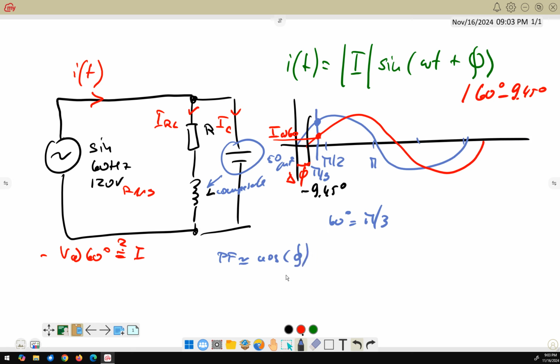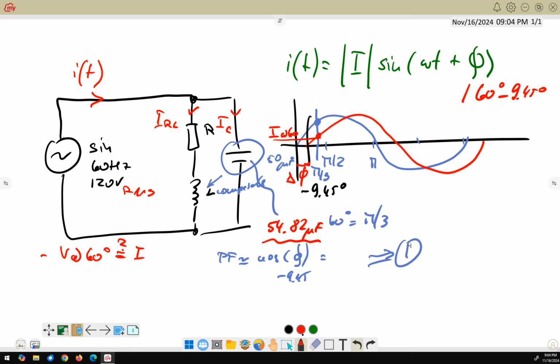Our phi is minus 9.45, and when we want to optimize to 1, this one should have a value of 54.82 microfarads. Then our power factor would be optimal.